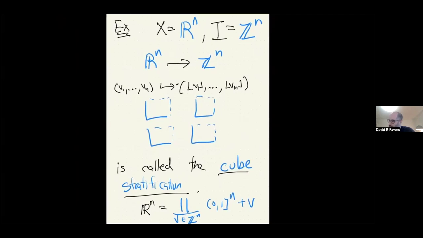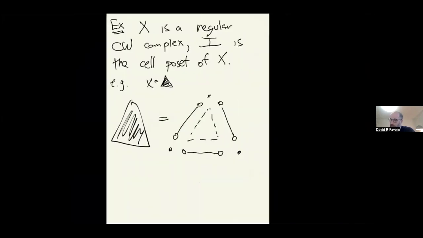So some good things about stratifications. Oh, sorry, first an example. X could just be some regular CW complex, then I could be the cell poset of X. So for example, if X is a triangle, I is this poset.